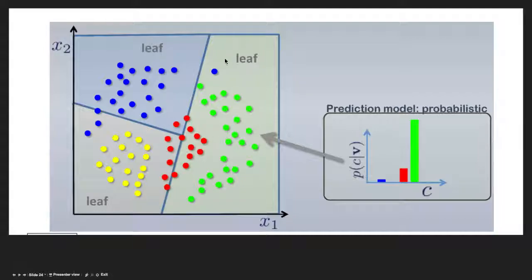So let's see this next slide. I'll have this picture here, right? Here we have 3 different leaves, and in this case we're going to predict this green one because it has the highest probability, and this gives us an advantage like logistic regression: we can output prediction probabilities to really see how well we are actually doing.